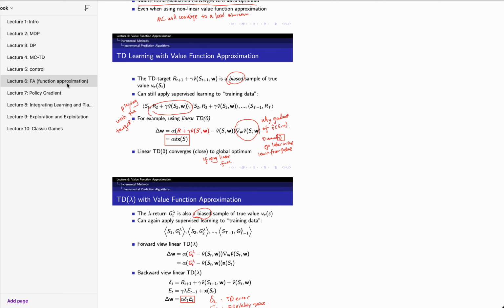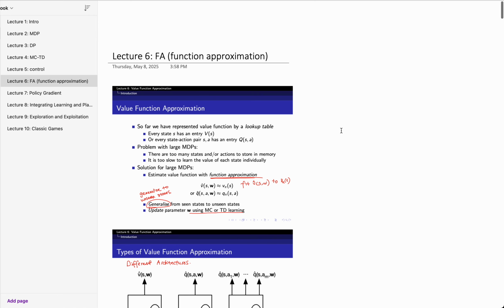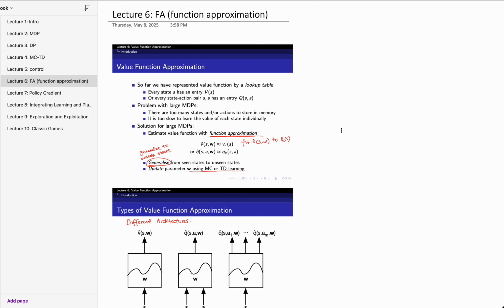From lecture 6, we're basically scaling things up using neural networks because, like I mentioned, you cannot fit everything into a matrix of V and Q once the number of states or actions, the dimensions of actions and states, goes up.